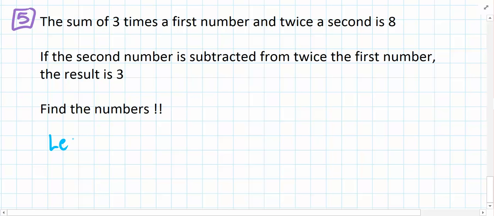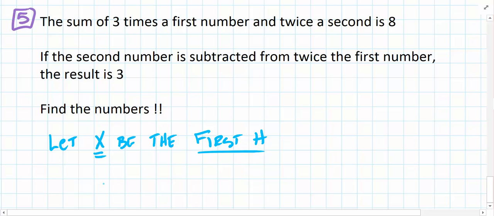Let x be the first number. So x is the first number. What should the second number be? Y, okay, I'm good with that. So let y be the second number.